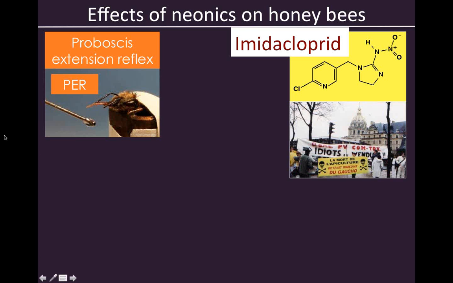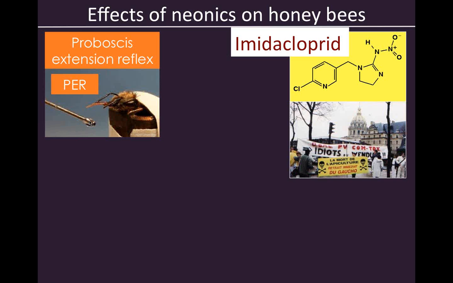PER experiments are done simply by first providing a food sample, sugar syrup for example, that has a specific type of odor. You try several times to condition the bees to associate this specific smell, for example lemongrass, with the fact that they are receiving a food reward. You train them several times, providing a food sample with the odor.